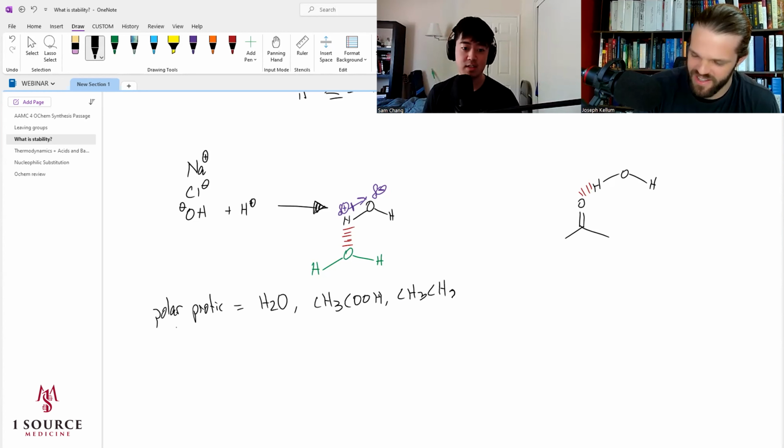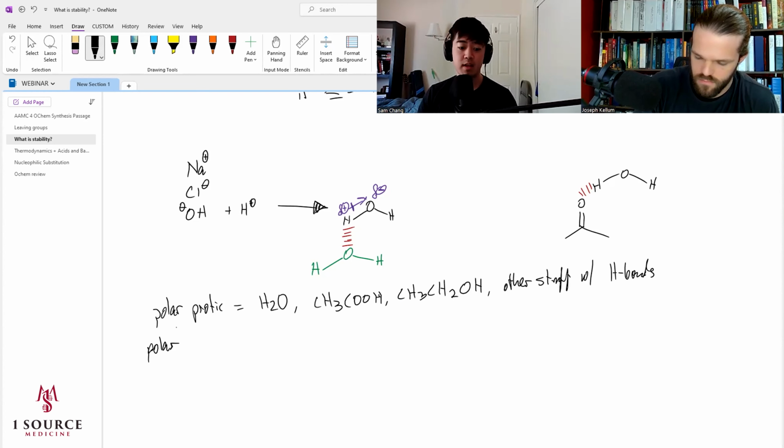A polar aprotic solvent is unable to hydrogen bond, so things like ethers or acetone.